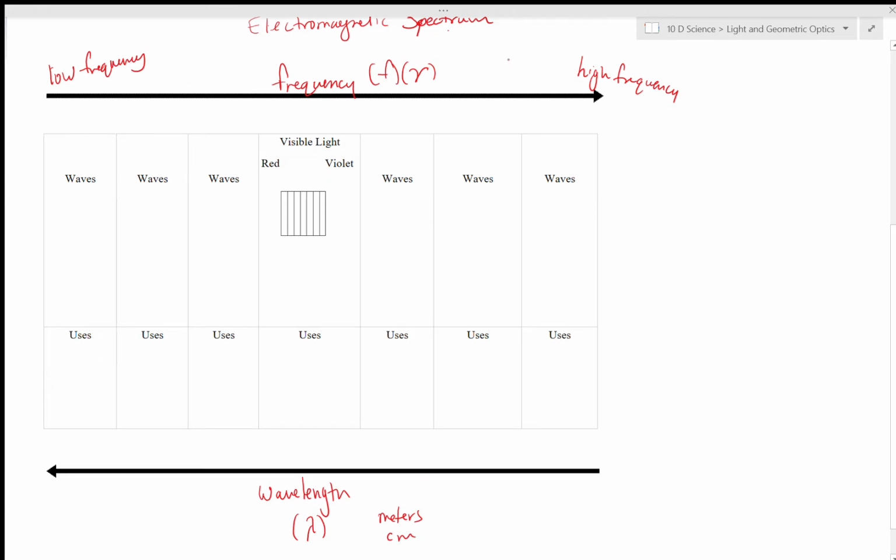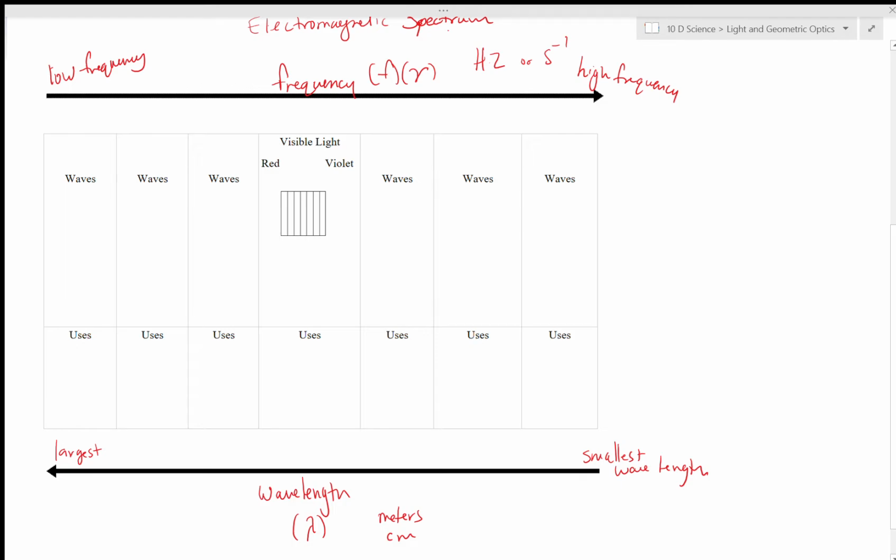And up here, of course, we have frequency as either hertz or seconds to the minus 1, or 1 over seconds. In terms of the entire spectrum, the largest wavelengths are over here, and the smallest wavelengths are over here. So big lambda on the left, small lambda on the right.